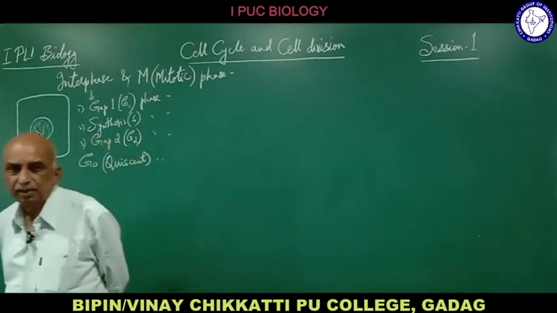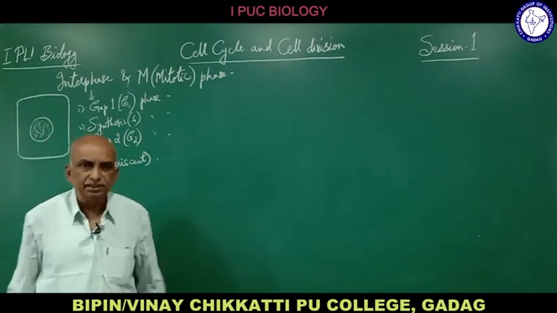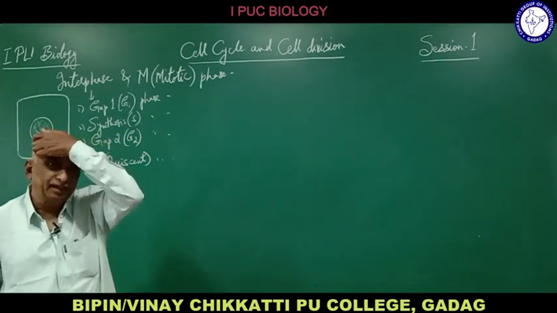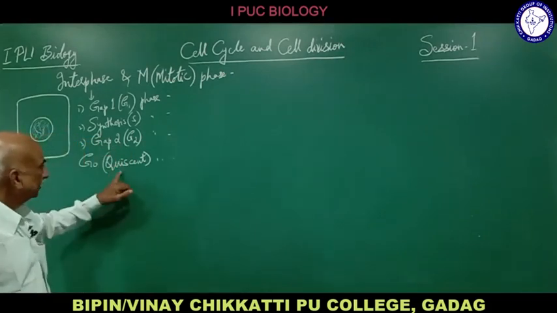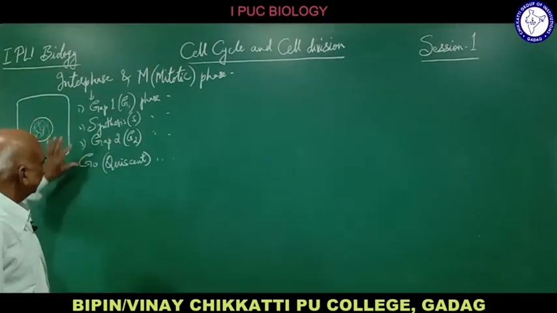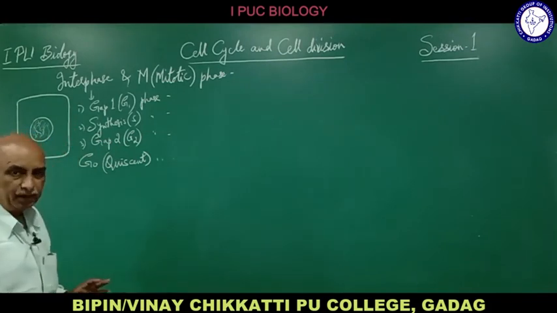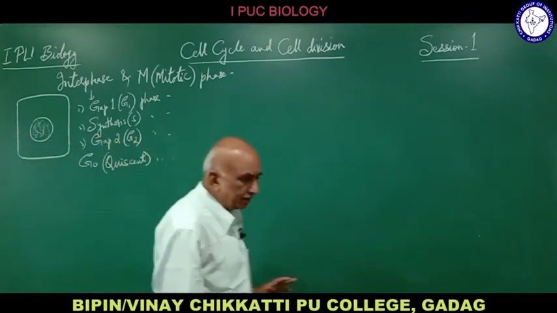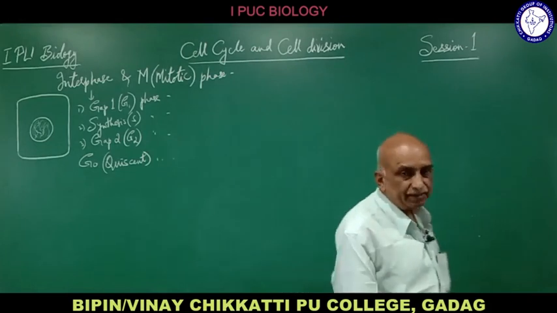However, this G0 phase is somewhat a resting phase, hence it is called the quiescent phase. So these three are the activities. This is a resting phase, G0, or quiescent phase as it is also called.